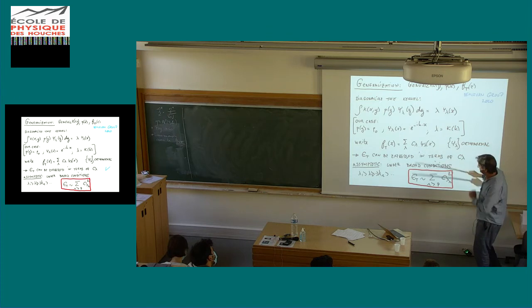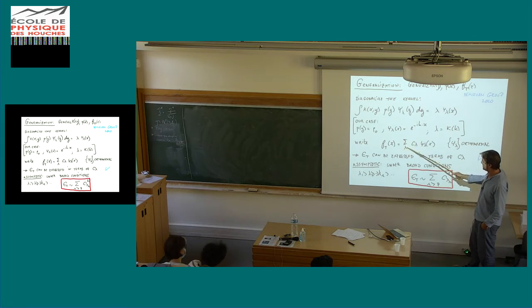And then another thing is that in general, it's always true that your true function can be decomposed in terms of this eigenbasis of functions. So you can always write your true function as an infinite sum on the lambda of c lambda times the eigenfunction of x. Yes?